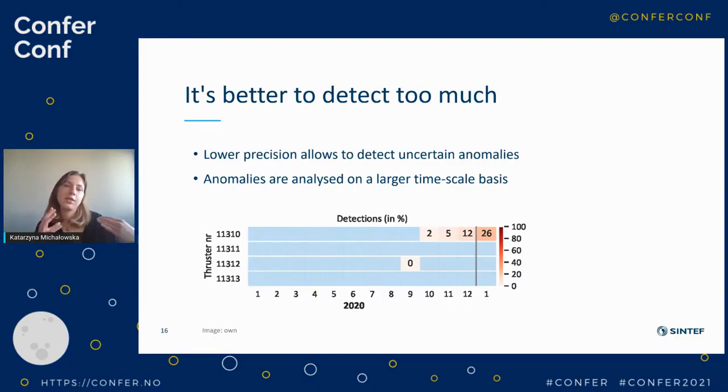But if we saw an increasing number of anomalies, or there were particularly many anomalies, then we would be worried. So we can still have this lower precision that will sometimes give an occasional false positive, and still analyze the data afterwards in a manner that will tell us whether we should be concerned or not.